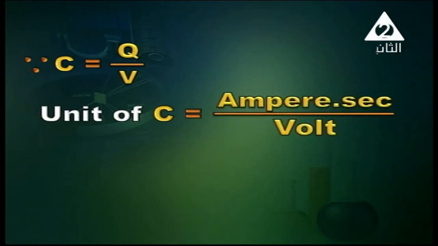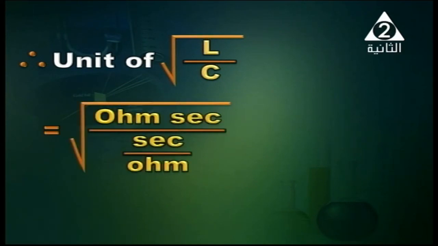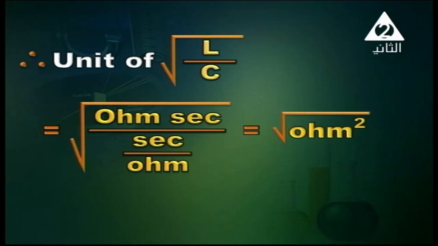Since C equals Q over V, unit of C equals Coulomb over volt, and Coulomb equals ampere second, so unit of C equals ampere second over volt. Volt over ampere equals ohm, so unit of C equals second over ohm. Now we can obtain the unit of square root L over C. It is square root of ohm second over second over ohm. Second will be crossed out, so square root of ohm squared, which is ohm.